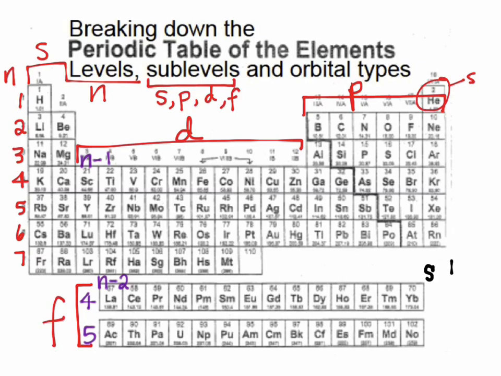Each sublevel can have how many electrons? Each s sublevel. What's the most s can hold? 2. If you go to P, how many p orbitals are there?